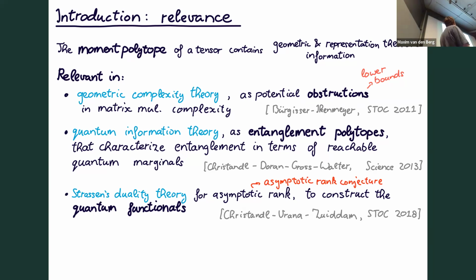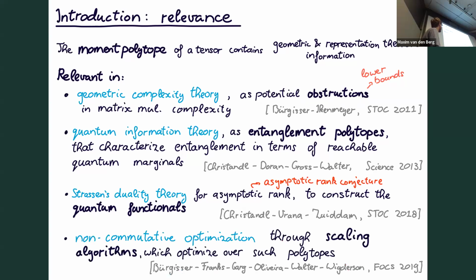So people care about this, and the moment polytopes are central in a specific construction there. This is from 2018. These moment polytopes also show up, and these are moment polytopes of tensors. You can also define moment polytopes more generally, and then they show up in the setting of non-commutative optimization. I also won't talk too much about it, but it's an important application. This was from FOCS 2019.